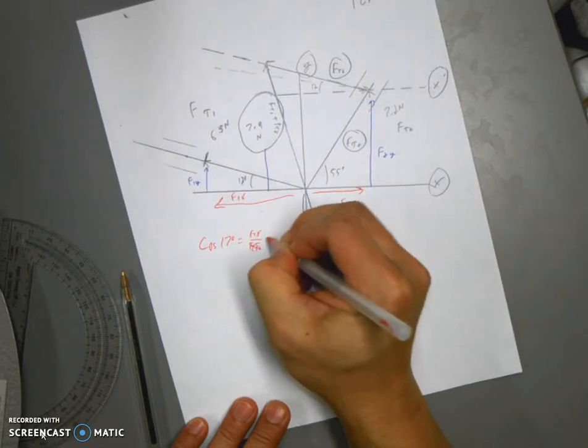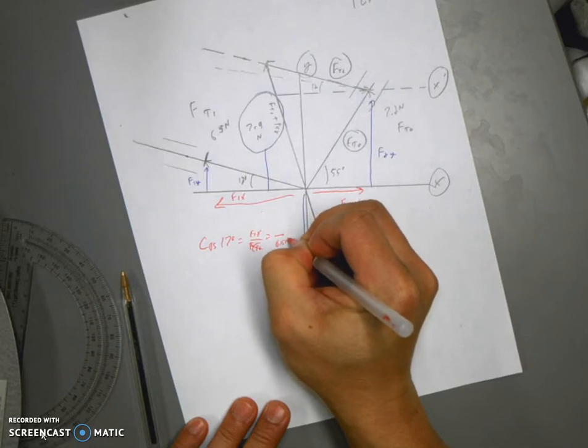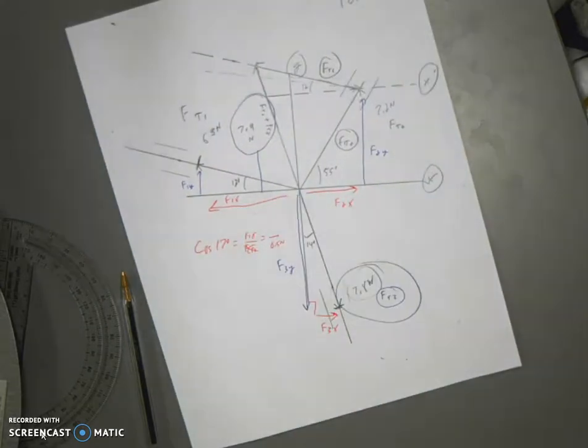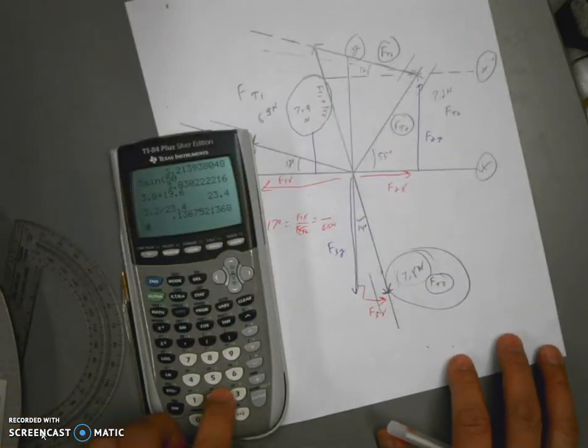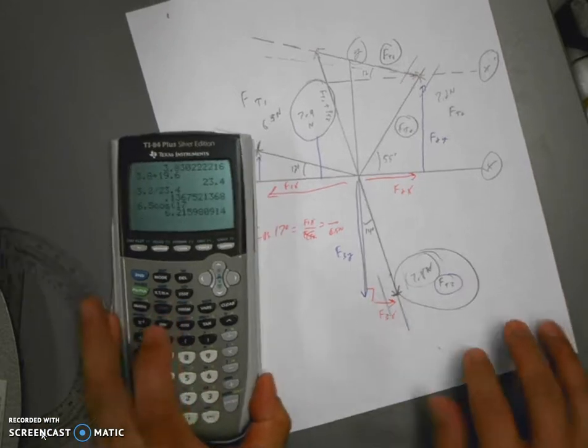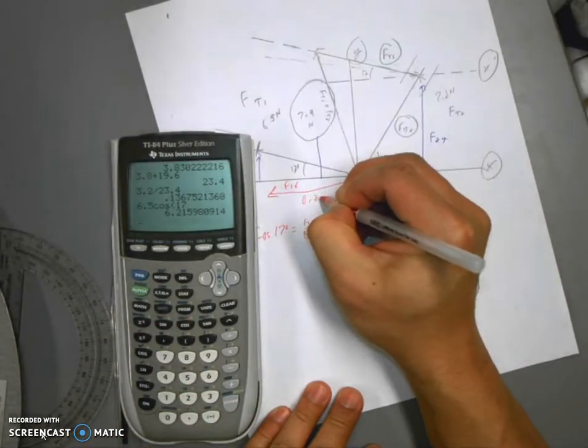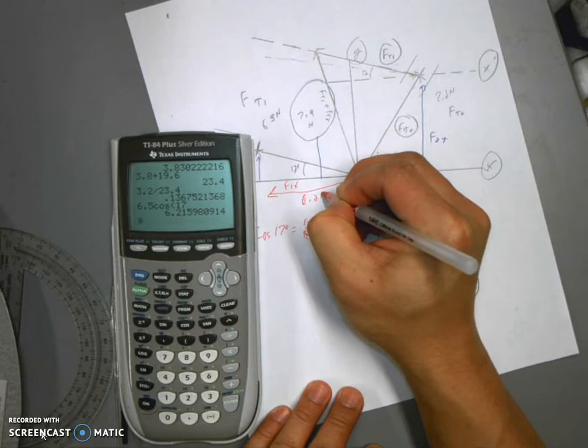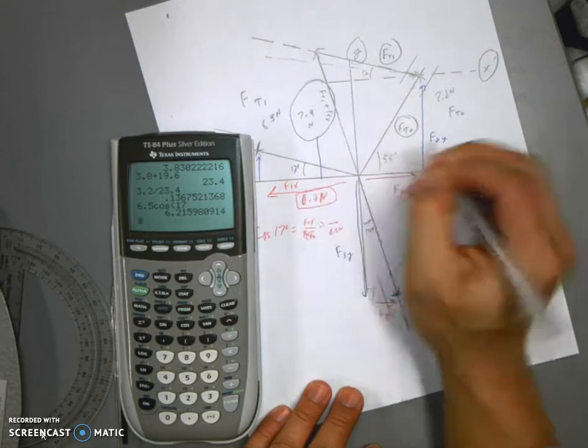Since FT1 is 6.5 newtons, I can then do the math and say that 6.5 cosine of 17 is equal to 6.2 newtons. Round to the nearest tenth, that's fine.